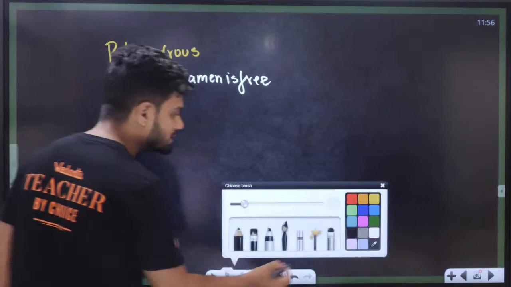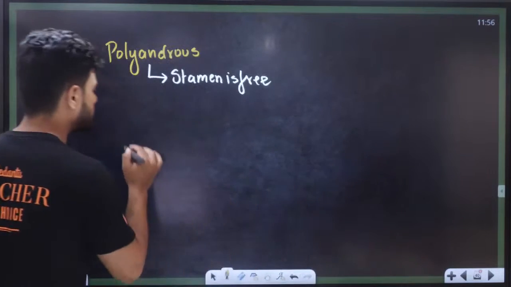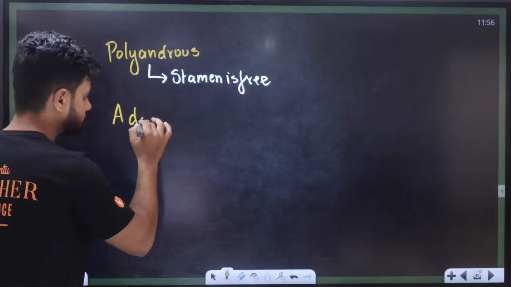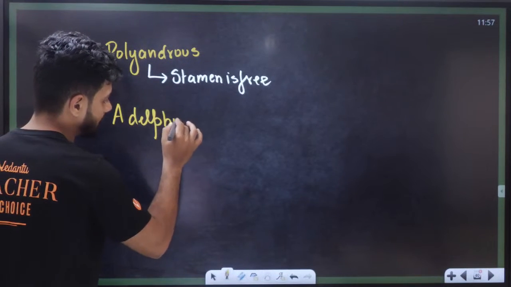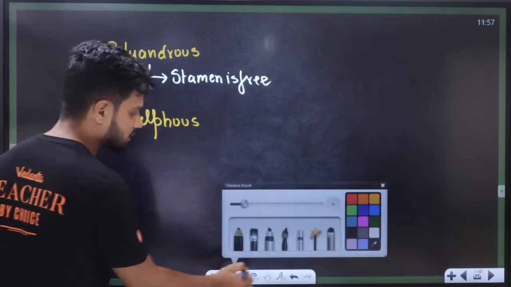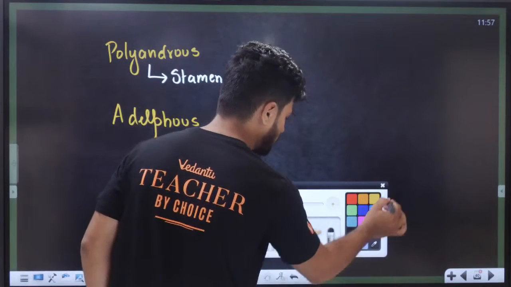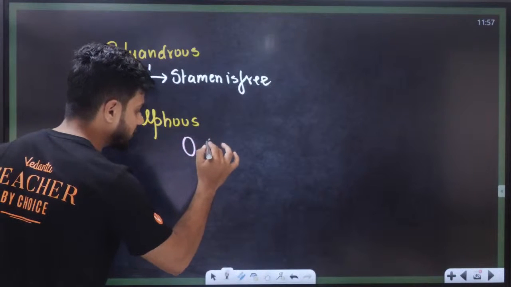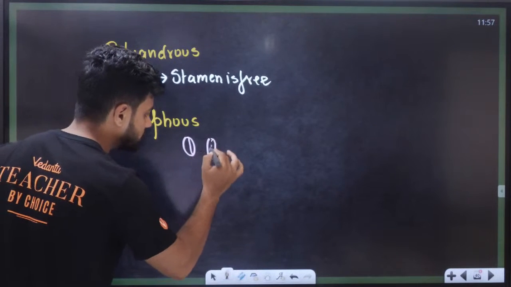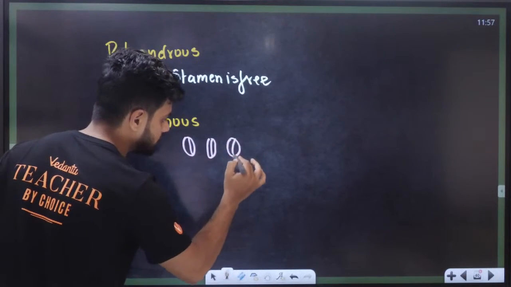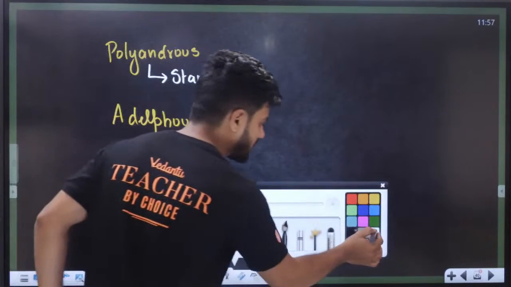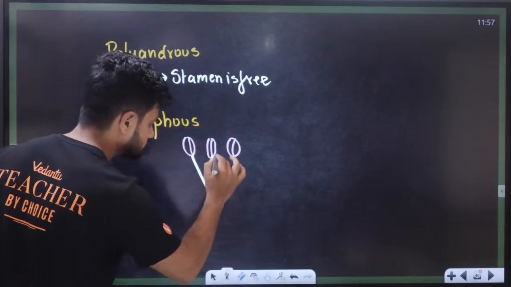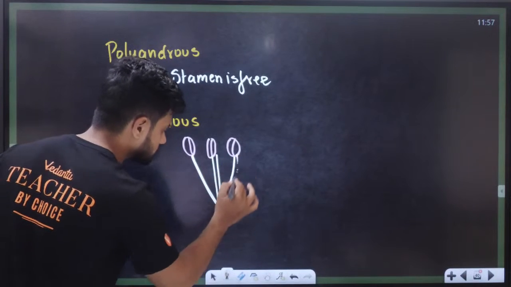Now, what exactly is happening in the case of adelphous condition, students? Now, understand the diagram. This is your anther, bilobed anther. And then we have the filament.